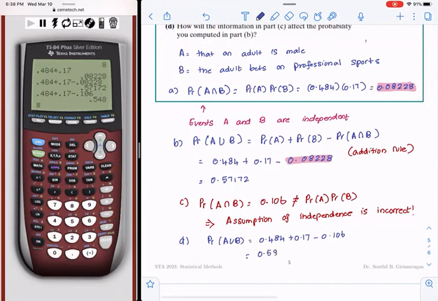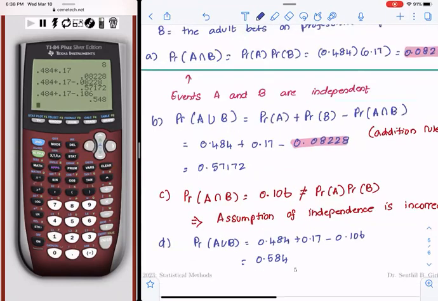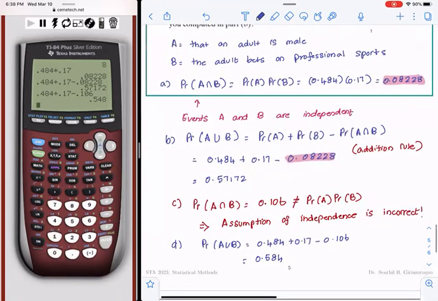The answer that we get is 0.548, sorry. It has to go down. So the probability went down slightly. It decreased by 3%.